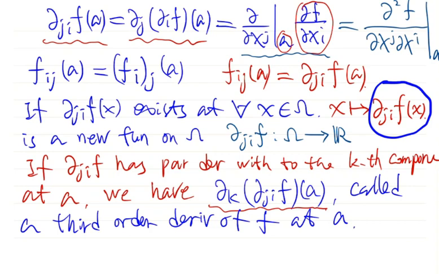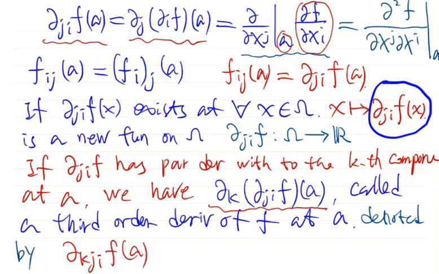As you can guess, we use this notation dk dji f(a). Of course, if you prefer the subscript index notation, you can write it as Fijk(a).